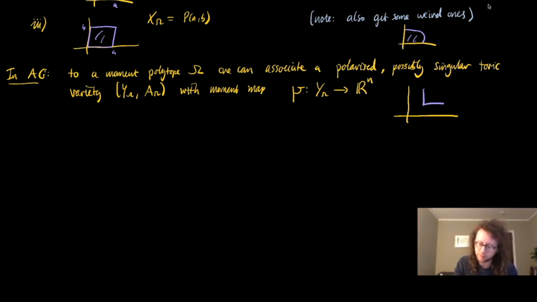If my polytope, wherever it's living, regardless of its relationship to the axes, I can think of this as: the fiber over an interior point is going to be a full dimensional torus. The fiber of a generic boundary point is going to be a codimension 1 torus. And then going all the way down to the most degenerate fibers, where the fiber over a vertex will just be a point.